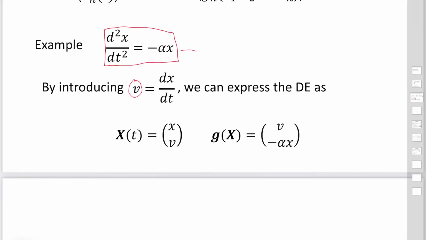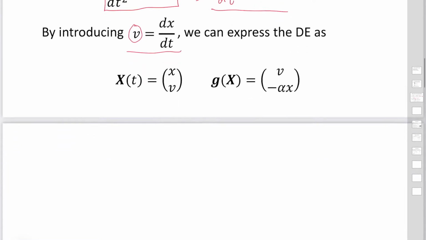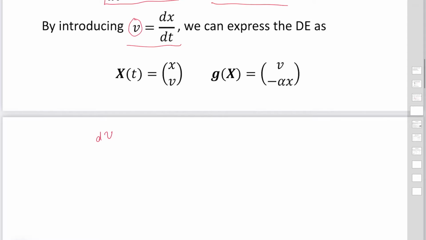Then the original equation is expressed as dv over dt equals minus alpha x. So we have two differential equations. One is dv dt equals minus alpha x, and the other is dx dt equals v.